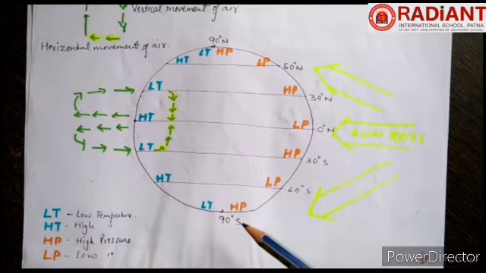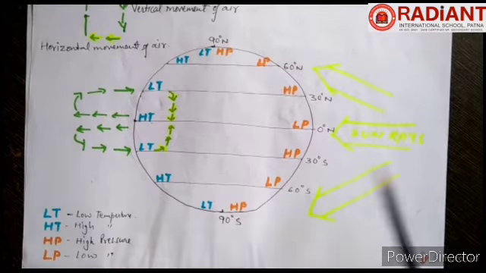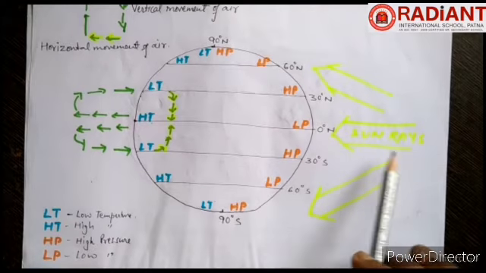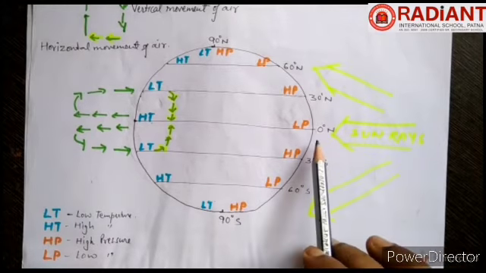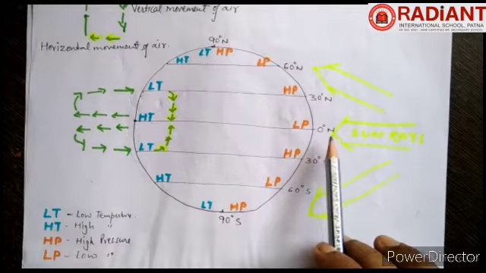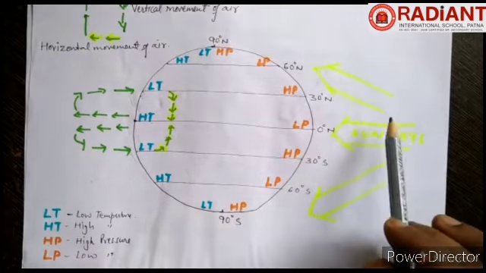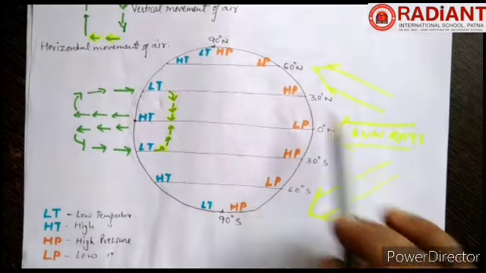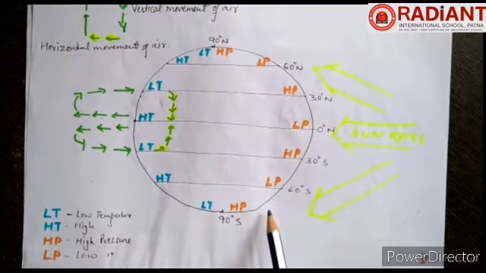The movement of air depends on the pressure created by the temperature. From these rays, you can see the sun rays are coming directly on the 0 degree, and slightly differing on the northern pole side and southern pole side.